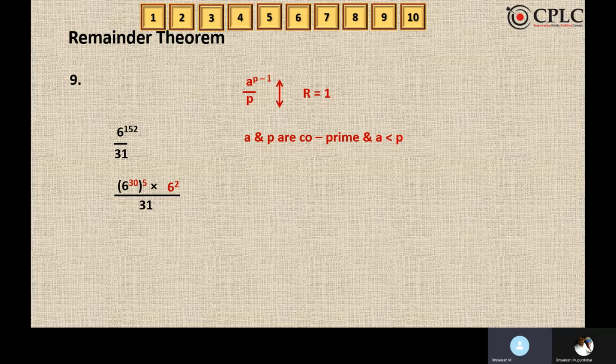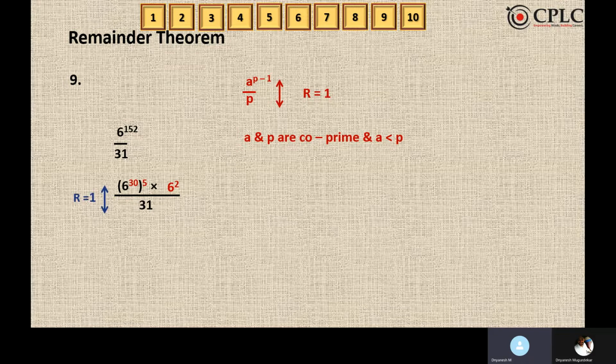And now you will see 6 raised to 30 upon 31 is of this type, a raised to p minus 1 upon p, where 6 and 31, a and p, are co-prime, and a is less than p. So the answer for that remainder is 1. So left side, your remainder is 1.